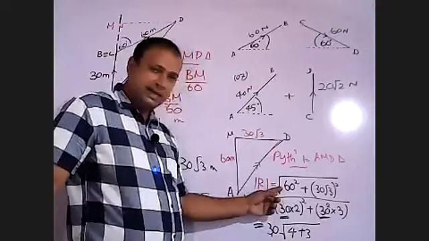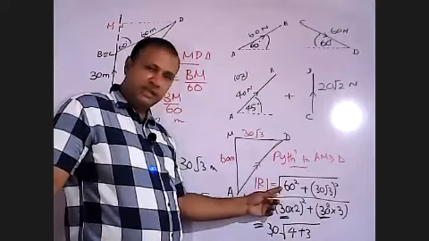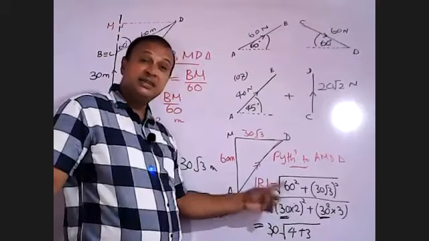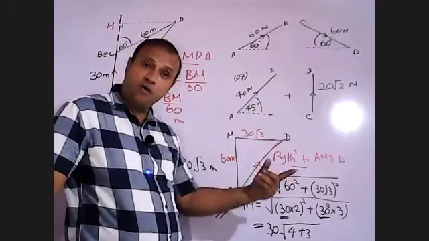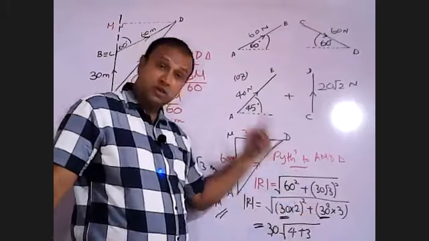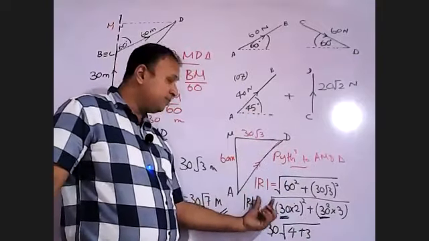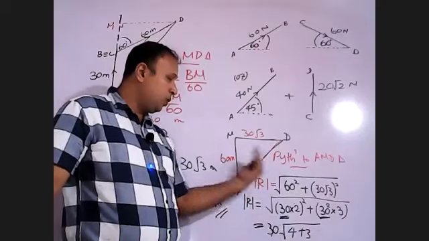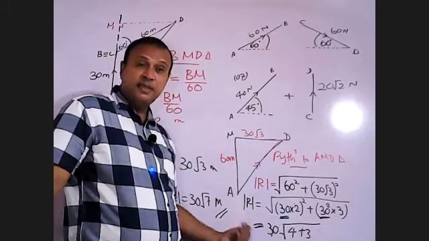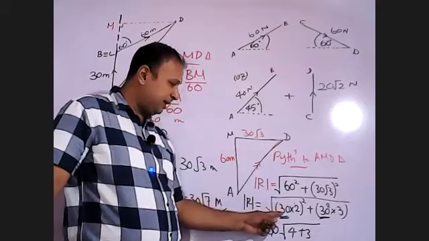Here, this is 30 into 2, 30 into 2. 30 into 2 means 30 squared into 4. Here, 30 squared into 3. So you can take 30 squared out of the square root. If you take it out, it becomes 30 because it is under the square root.